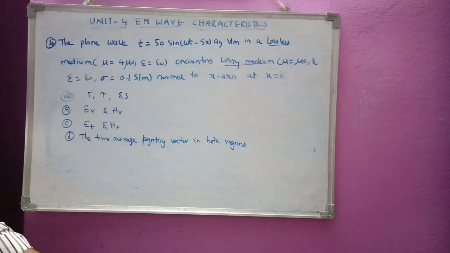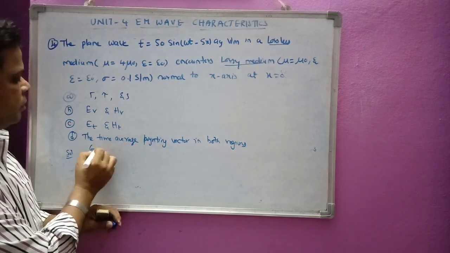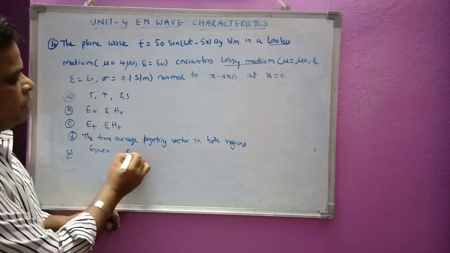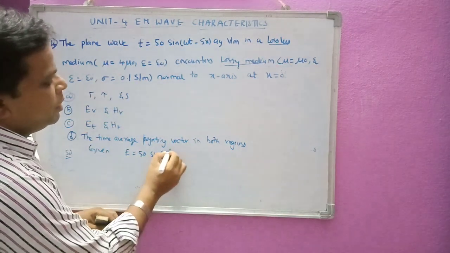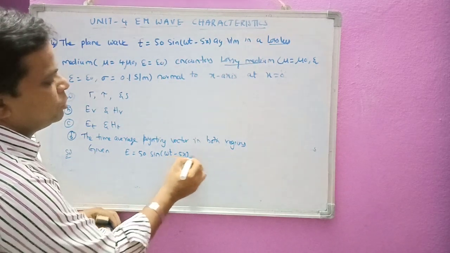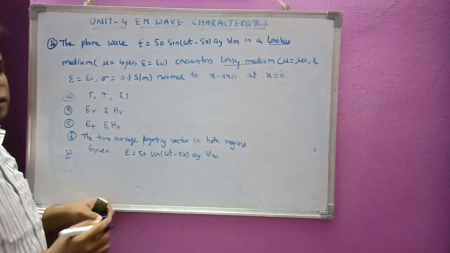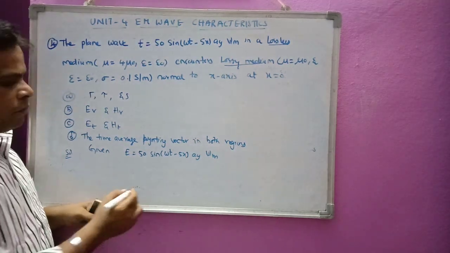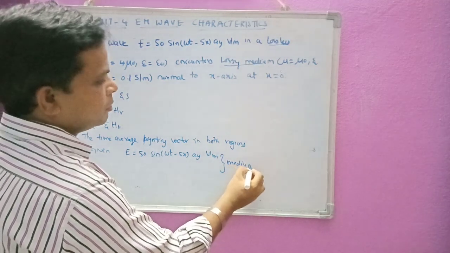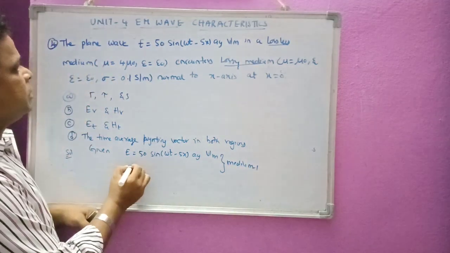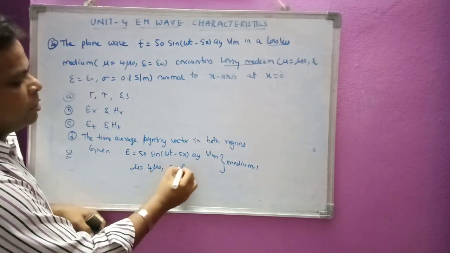First of all, we will write the given data. He has given E equal to 50 sin(omega t minus 5x) ay volts per meter for the lossless medium, that is medium 1, with mu equal to 4 mu naught and epsilon equal to epsilon naught.